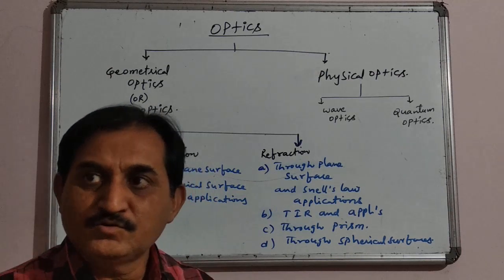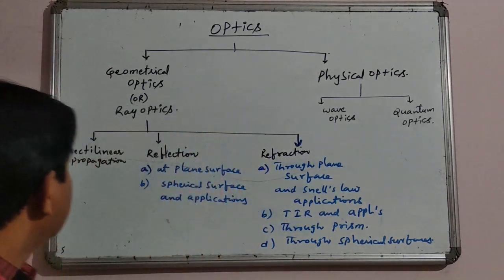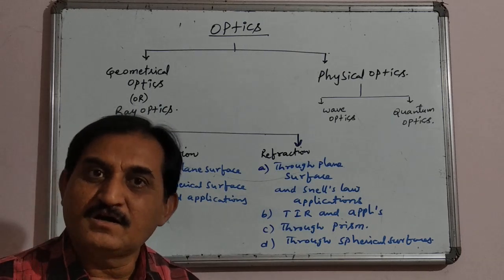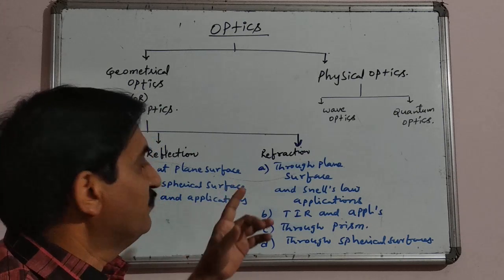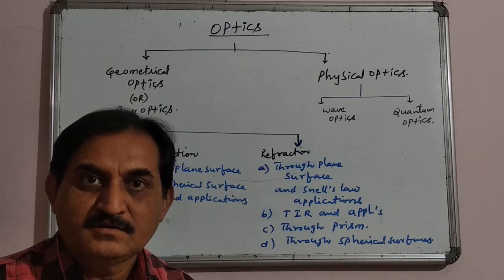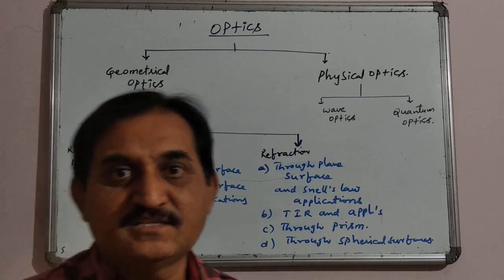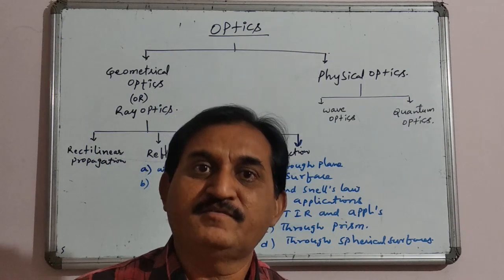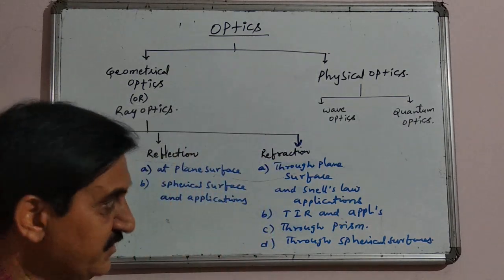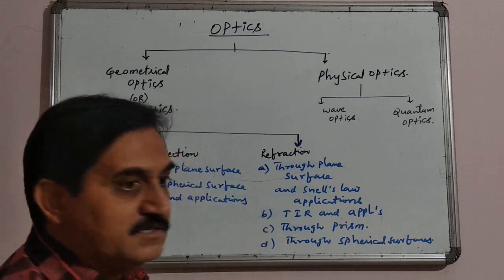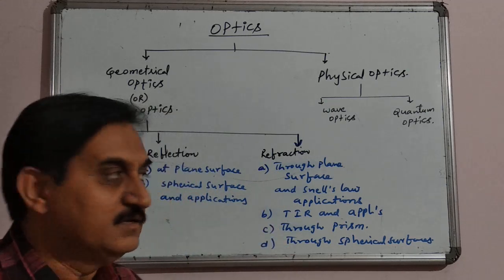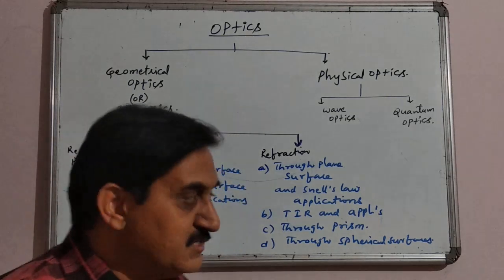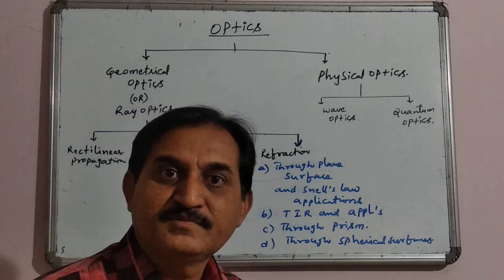Guys, here you should keep in mind that geometrical optics is a special case or a limiting case of wave optics. Whenever the size of the obstacle and the size of the slit are much greater than the wavelength of the light used, the wave nature of light is ignored, and only ray optics, that is geometrical optics, phenomena are discussed.